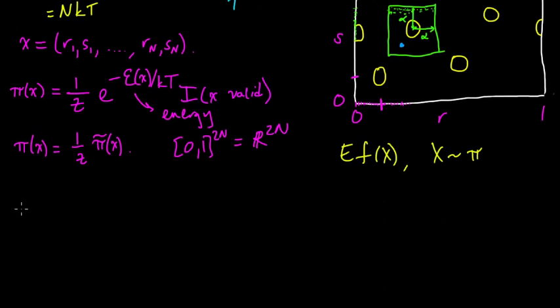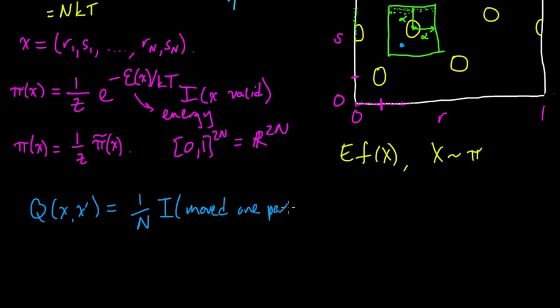Let's say Q(x, x'). I won't write out the whole thing, but it's 1 over n for uniformly choosing one of the n particles. And then it's the indicator function that we moved only one particle and that it was in this box.